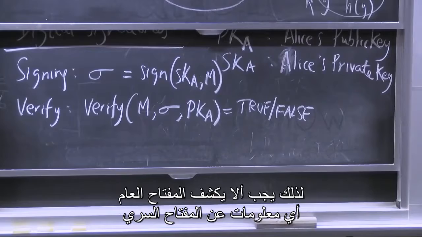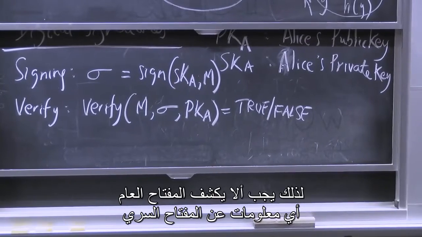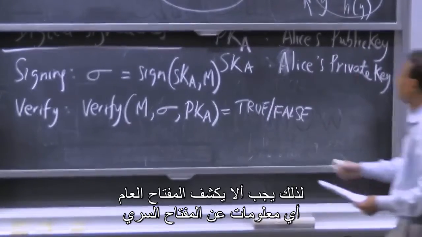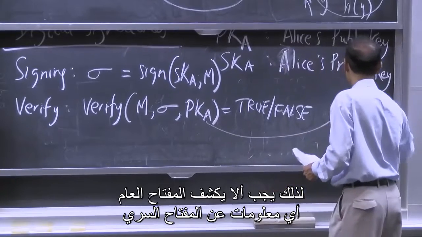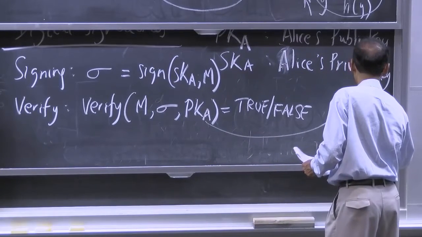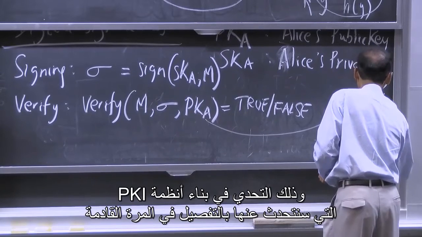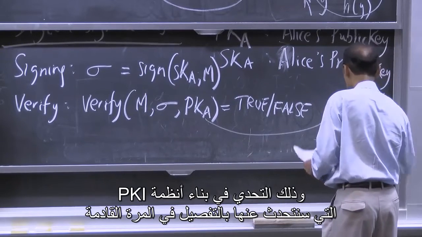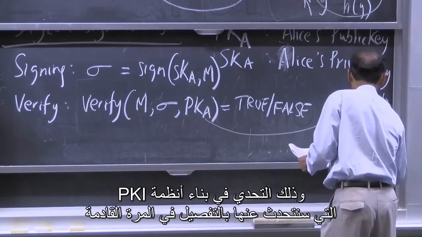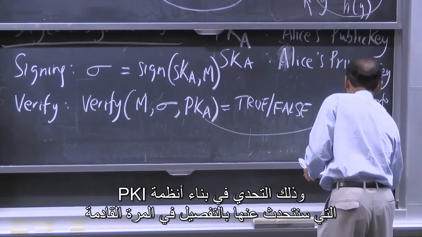And so the public key should not reveal any information about the secret key. And that's the challenge of building PKI systems that we'll talk about in some detail next time.